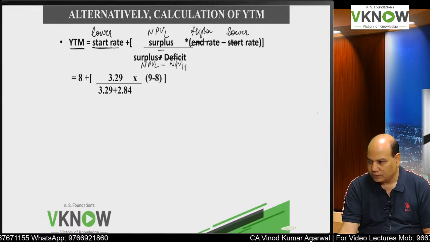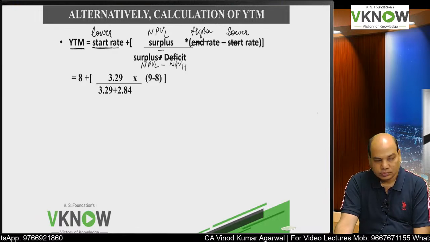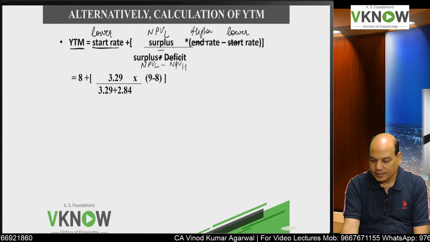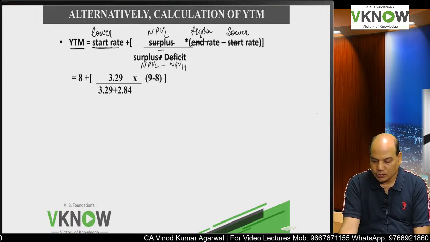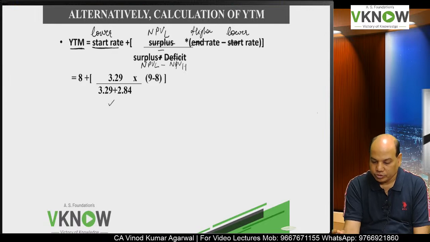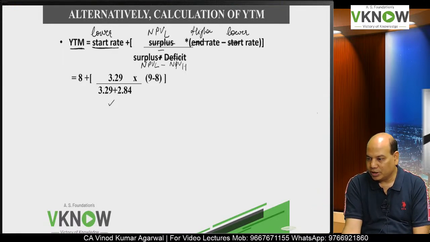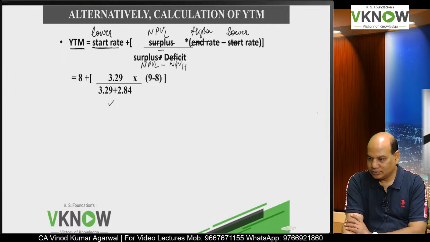If you are more comfortable with this, put the values now. 8 plus, in bracket, 3.29 upon 3.29 minus minus 2.84, minus minus will become plus, into 9 minus 8. At least now you should answer what is the IRR.